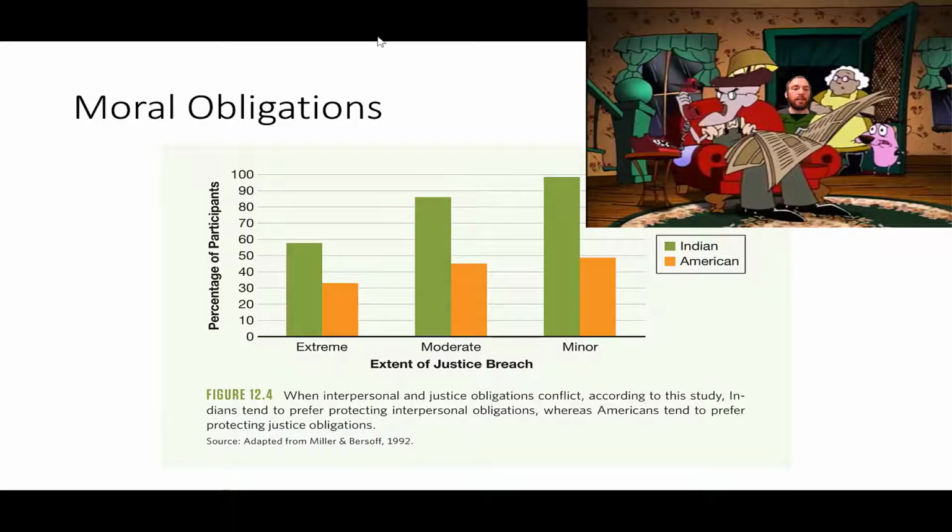And also in the Indian participants, with up to about 40% of individuals selecting the individual autonomy moral component as a more important moral obligation than community ethics. So again, the takeaway here is that there's within-country variability, but also we do see cross-cultural differences in the emphasis placed on interpersonal or justice obligations across cultures.